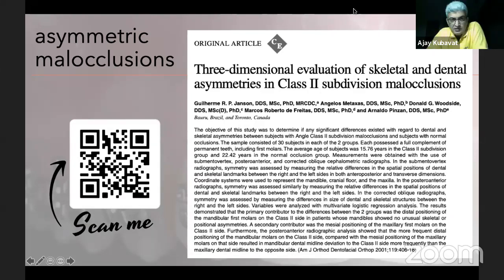The next question is, what would be the extraction pattern in subdivision cases which require a fixed functional appliance?